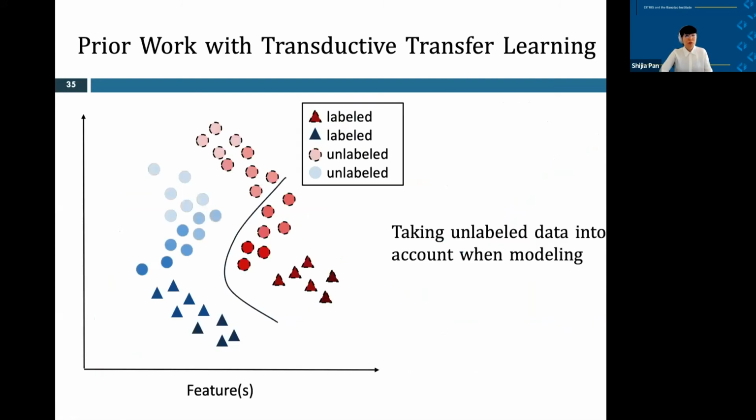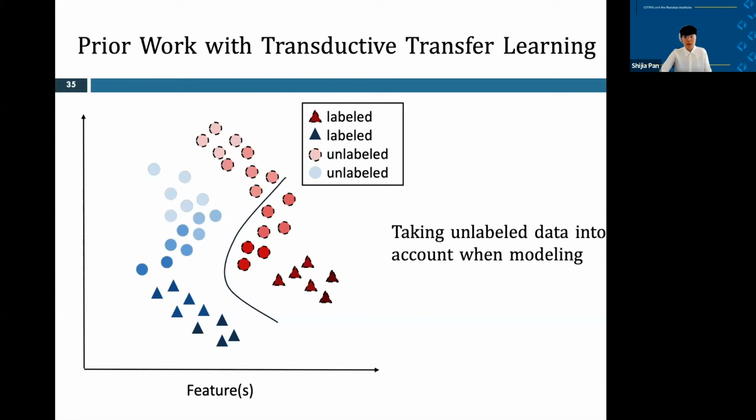Of course, we are not the first ones trying to handle the data distribution change problem in learning. Let's take a look at this dummy feature space, where the labeled data is marked with triangles and unlabeled data is marked with circles, in a binary classification problem.